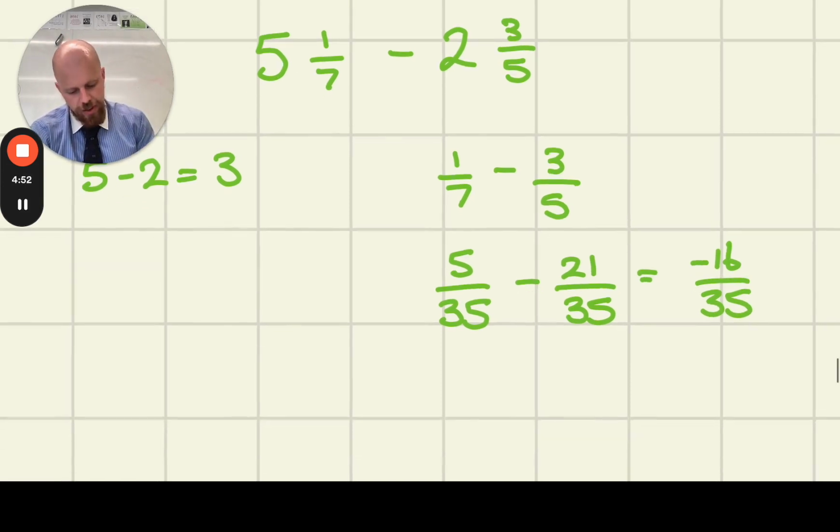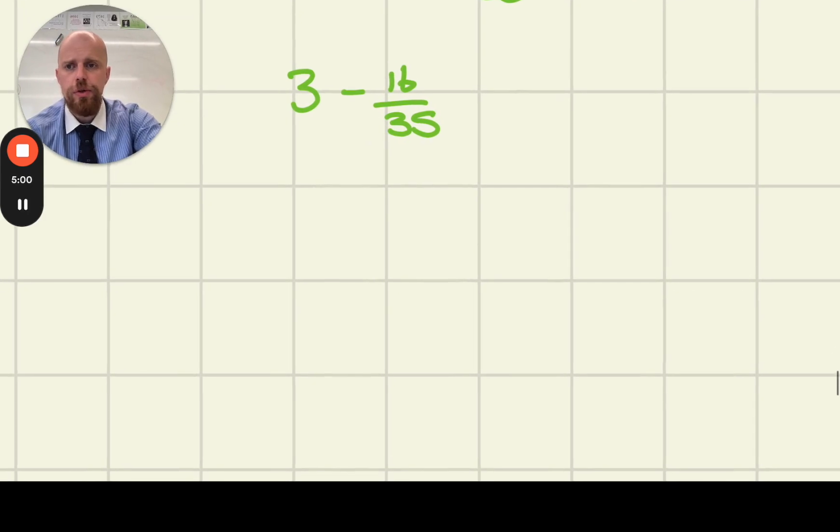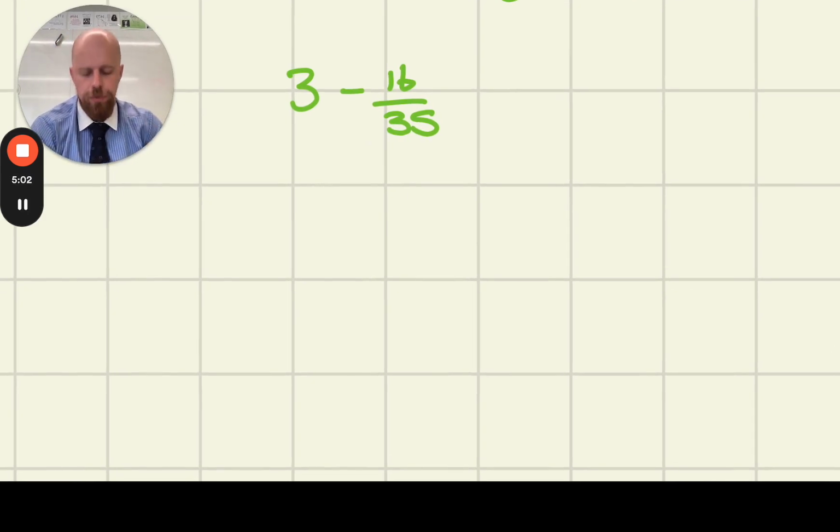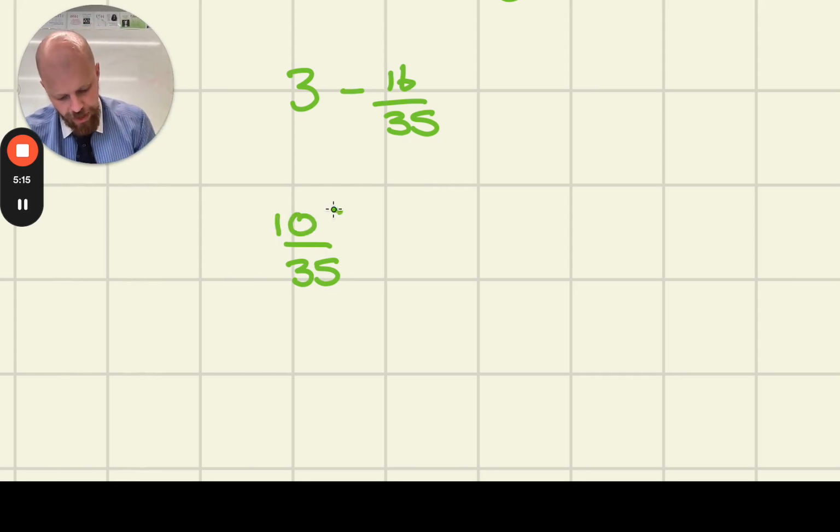So my calculation is 3 take away 16 over 35. So again, I need to make the 3 into a fraction that works. So I need to make it over 35. And to do that, I think, well, what's 3 times 35? Well, 3 times 30 is 90. 3 times 5 is 15. Add them together, 105.